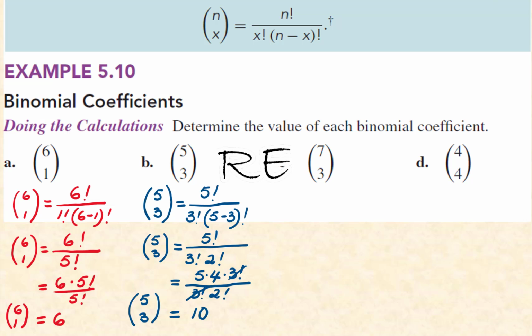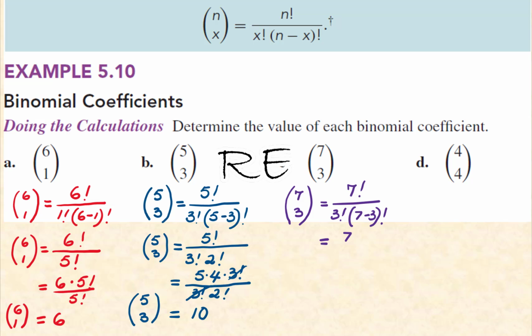Out of 7, choose 3. The binomial coefficient will be 7 factorial divided by 3 factorial times 7 minus 3 factorial.